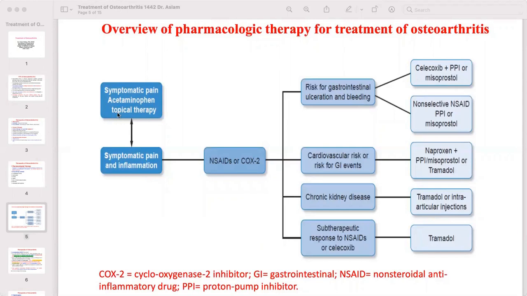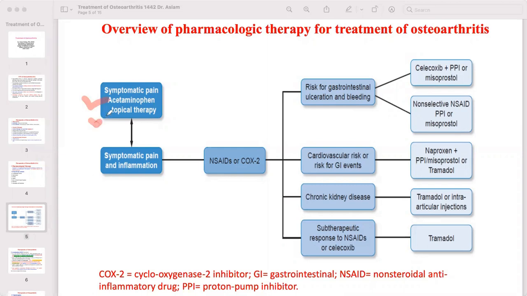Here is an overview of pharmacologic therapy for the treatment of osteoarthritis, symptomatic pain: acetaminophen and topical therapy. If there is pain and it is symptomatic, the patient can use acetaminophen, which is considered the preferred drug in the treatment of osteoarthritis.